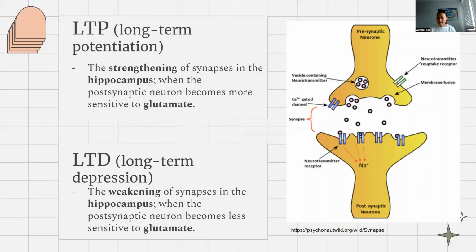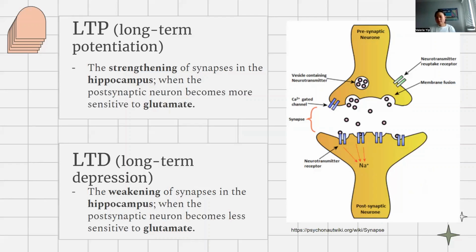The most common type of LTP is CA2 plus LTP, and it's when the postsynaptic neuron becomes much more sensitive to a neurotransmitter called glutamate. LTP is pretty important because it's thought to play a major role in forming memories and in learning in general.